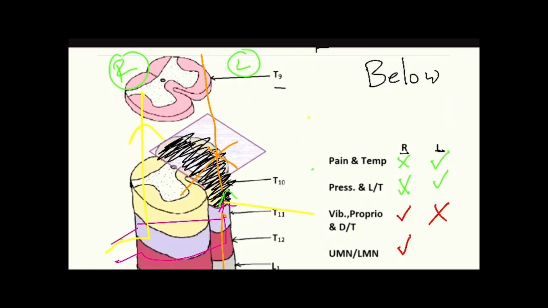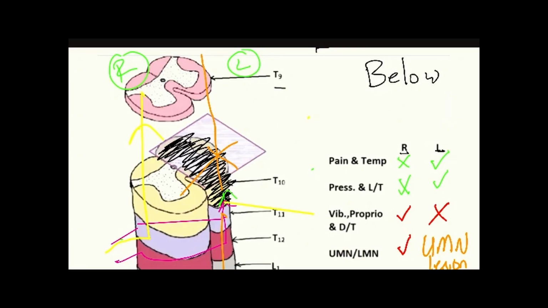No. So, below the level of the lesion in a Brown-Séquard, they will exhibit upper motor neuron lesion on the left. So you have to go back to that chart and look at what type of symptoms an upper motor neuron lesion has.